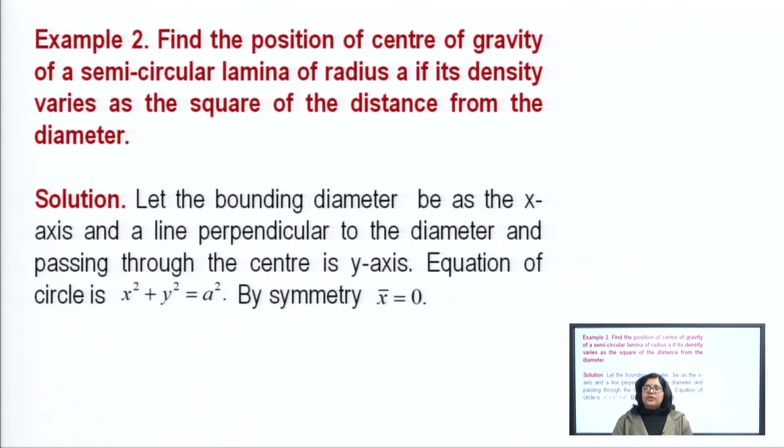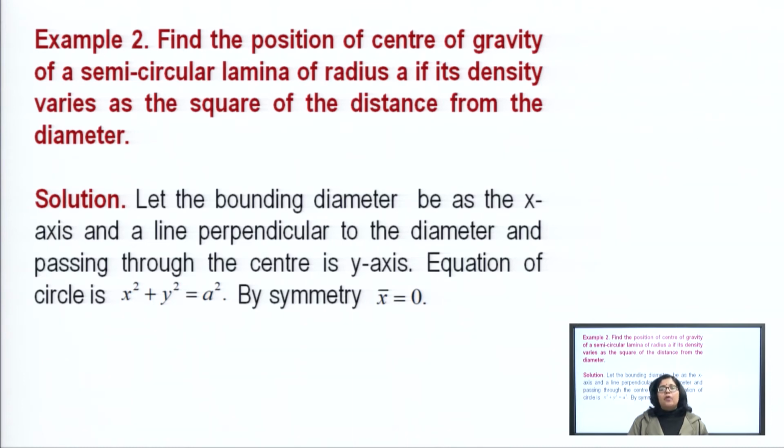Find the position of the center of gravity of a semicircular lamina of radius a if its density varies as the square of the distance from the diameter. Firstly, we draw the figure for such an example, because without drawing the figure we cannot find the coordinates.